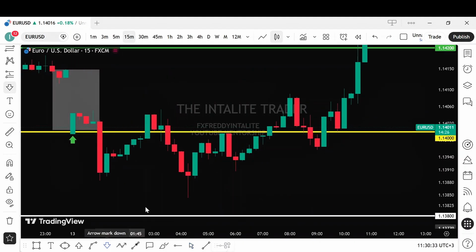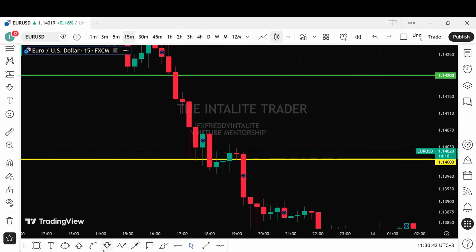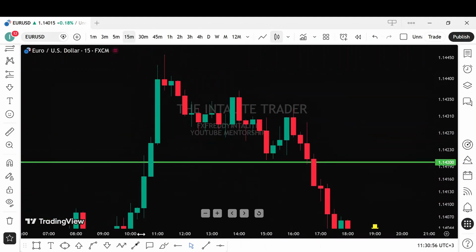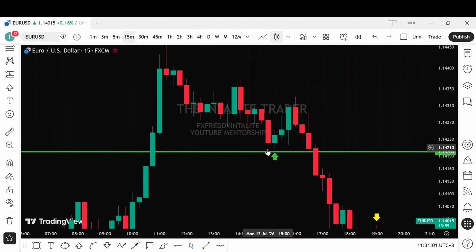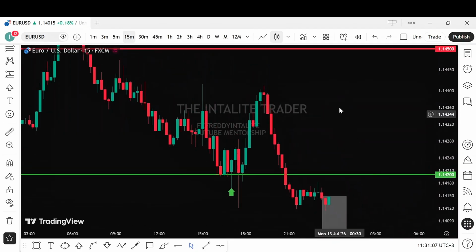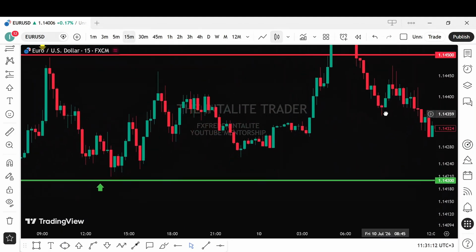We see there is this one here. Price respects the institutional level. Look at these wicks, rejection, institutional level. Here, the same thing, price sells, institutional level. So if we look here, this institutional level, this is the 20 level. The same thing applies to these ones.